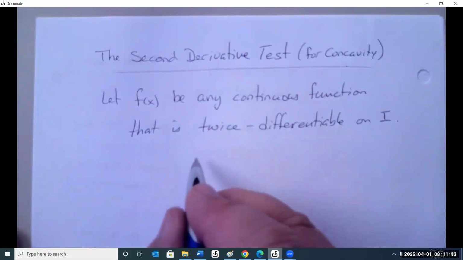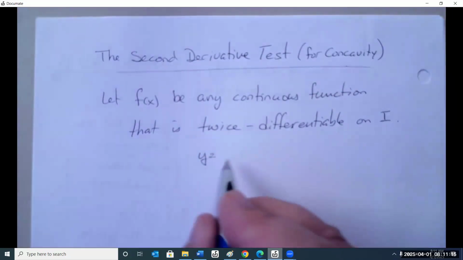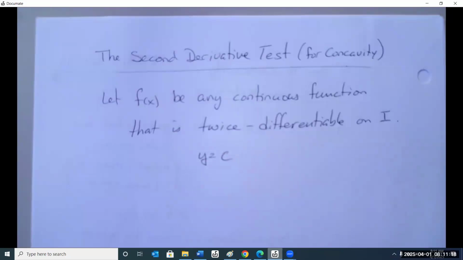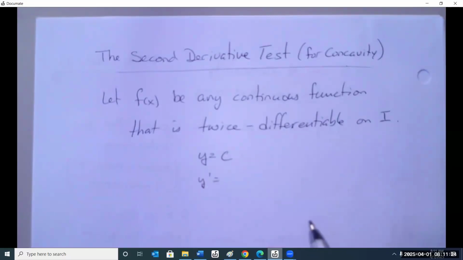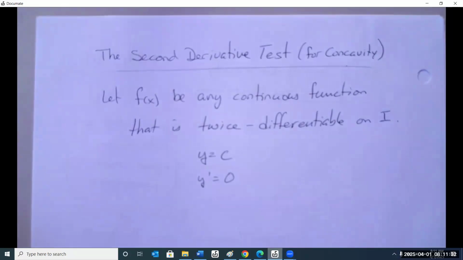Linear, exactly. Not really just linear, but a constant function. Because the first derivative of a constant function is what? You can't take a next derivative. So it has to be twice differentiable.